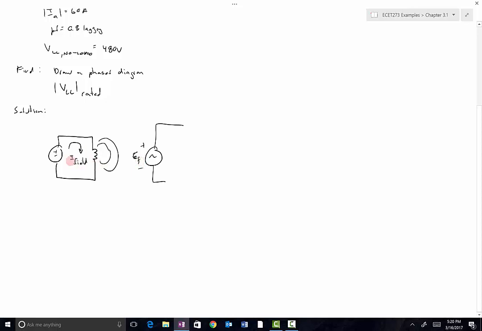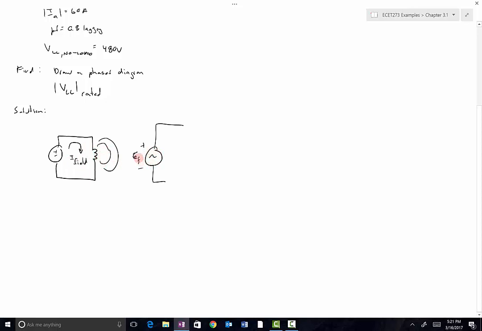So this thing spinning induces an EF over here. The size of EF is dependent on 2 things: how much current is flowing through this electromagnet, because more current produces a bigger magnetic field. And the second thing it depends on is how fast this whole thing is spinning. We don't typically alter how fast it's spinning because the rate that this thing spins at sets the frequency of the AC source.